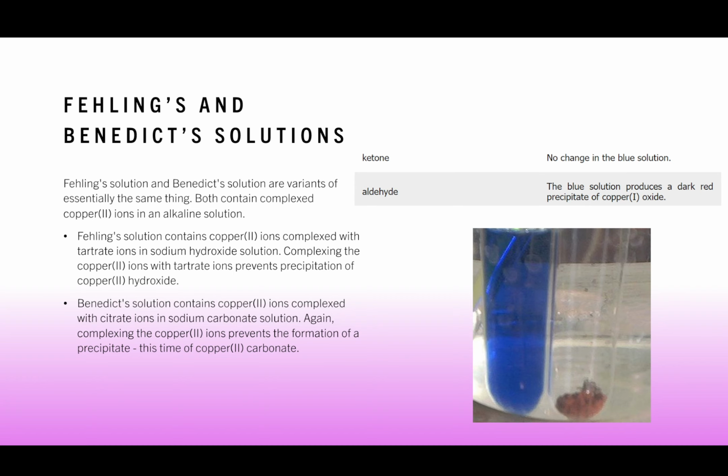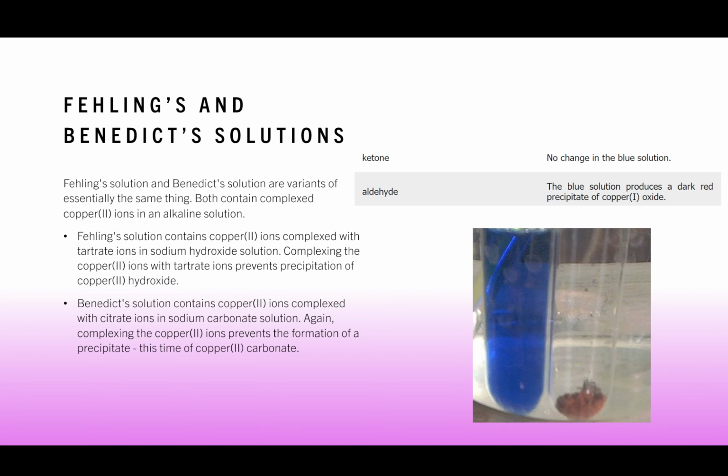So it exemplifies the fact that glucose is an aldehyde and fructose is a ketone. There are these functional groups present within our sugars, and that determines whether or not they're easily oxidized, so whether they're reducing sugars or non-reducing sugars.